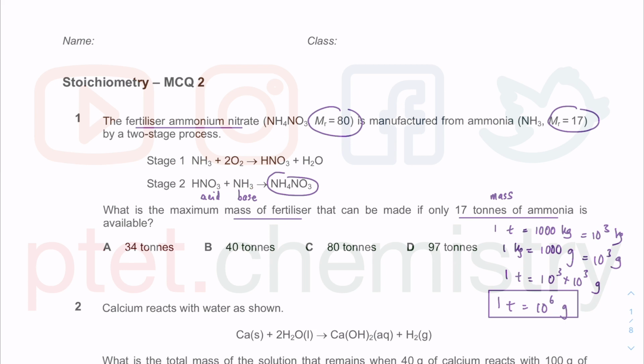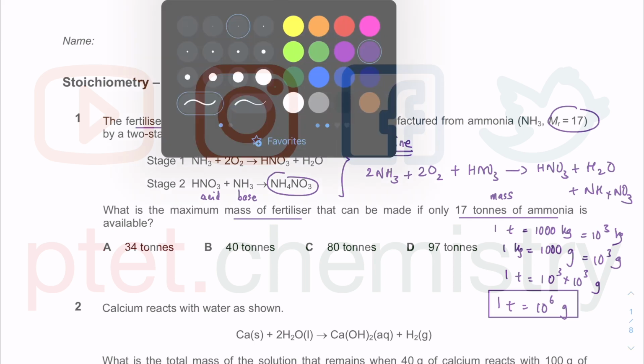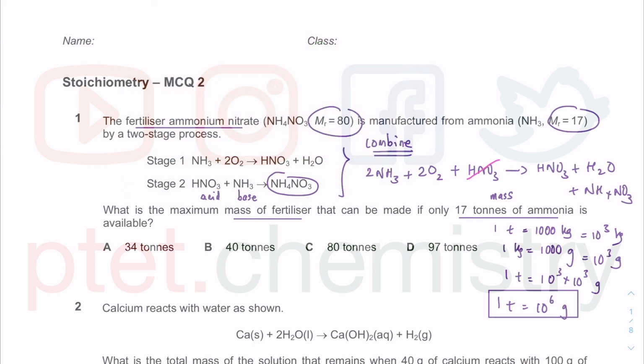If I were you, I would really be combining the stages together so that it will make more sense in the overall equation. So I'll have 2 NH3 plus 2 O2 plus HNO3, and I'll produce HNO3 plus H2O plus NH4NO3. Now we can very clearly see that HNO3 appears on both sides of the equation.